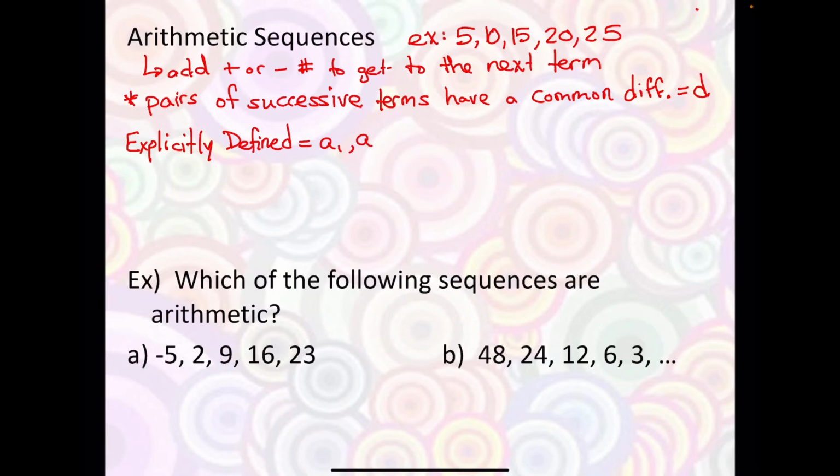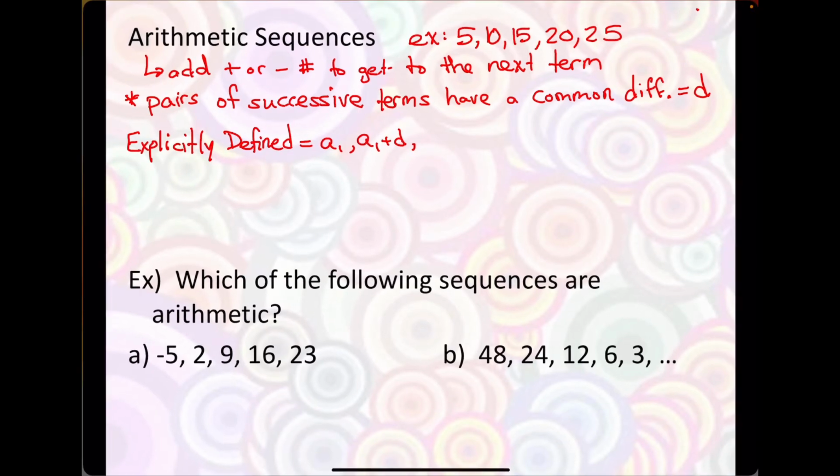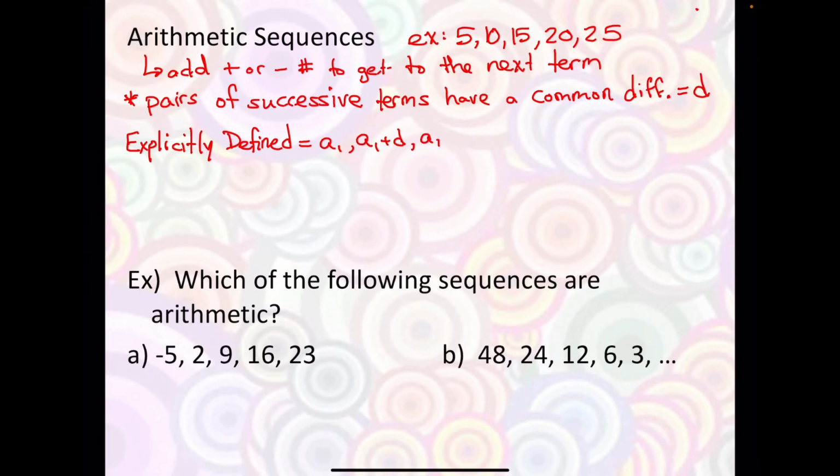Then we have the next term, a sub 1 plus d, the common difference. Then a sub 1 plus 2d, a sub 1 plus 3d, and so on, till we had all of our terms, which can always be written as a sub 1 plus our common difference d times n minus 1.